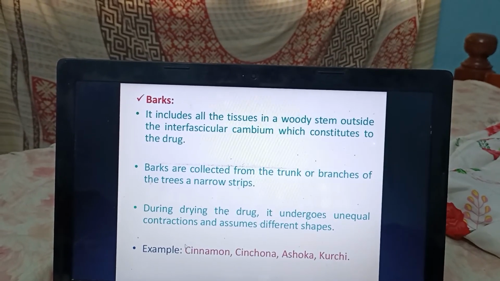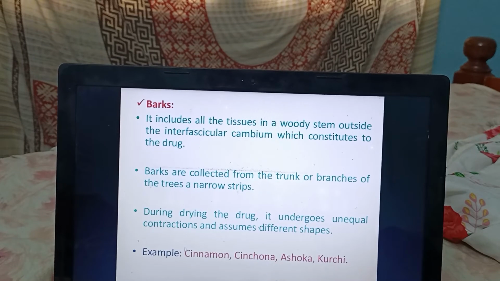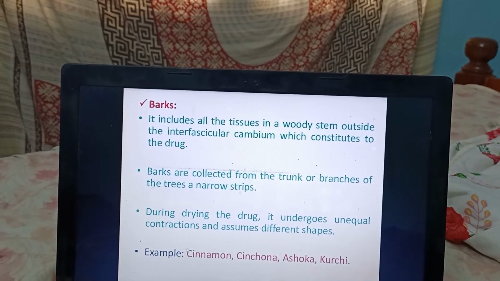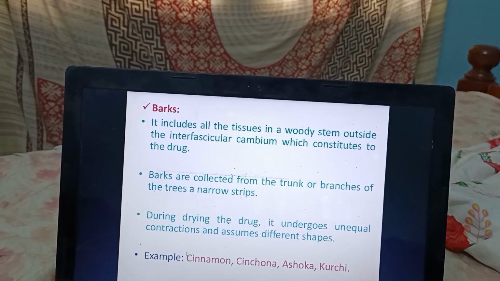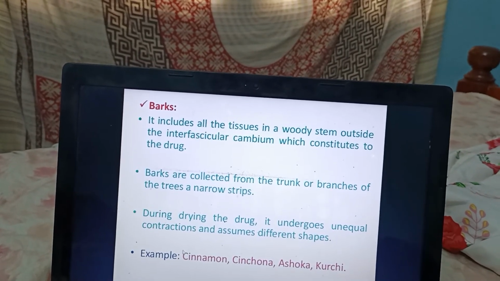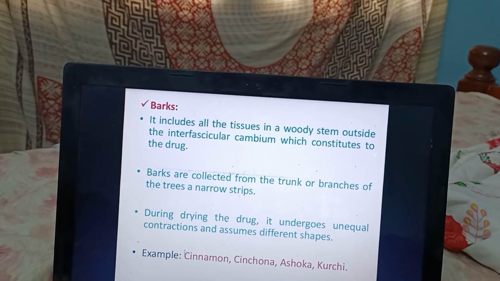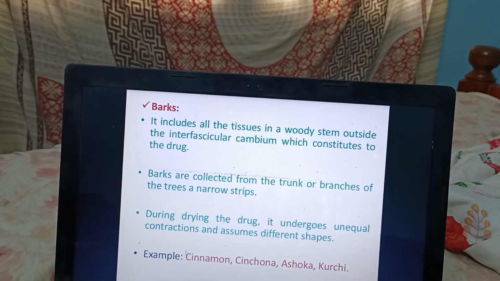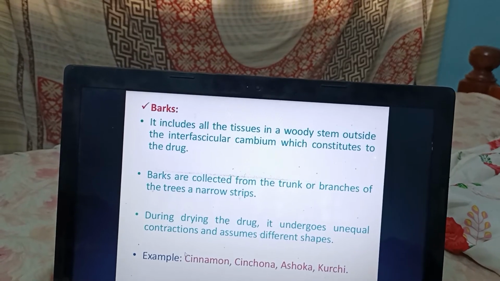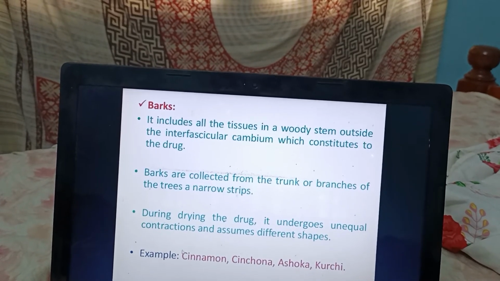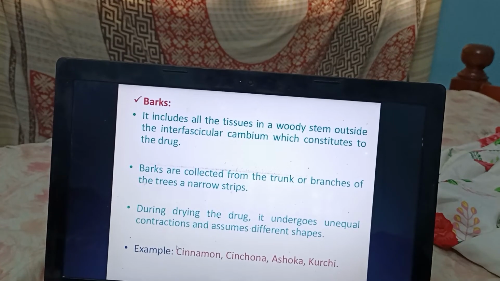For example, in our home we can use cinnamon, that is a product of bark, and neem bark also we can use for its medicinal properties, medicine for some other diseases, okay.